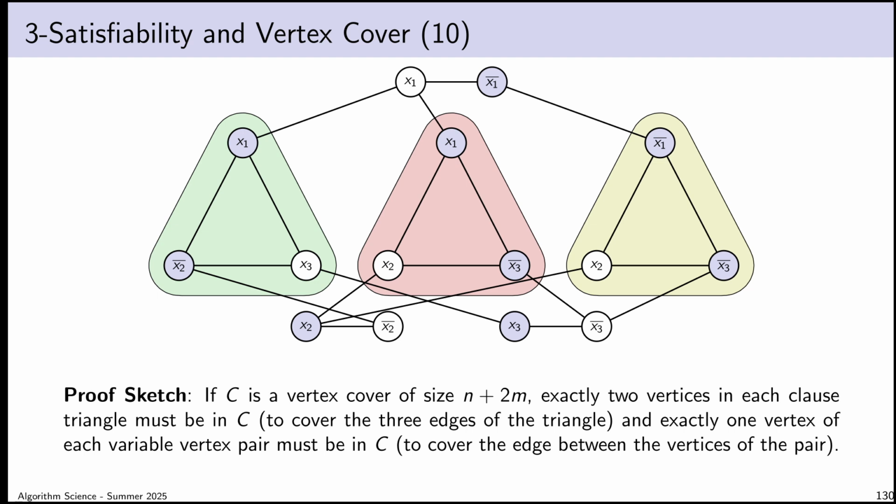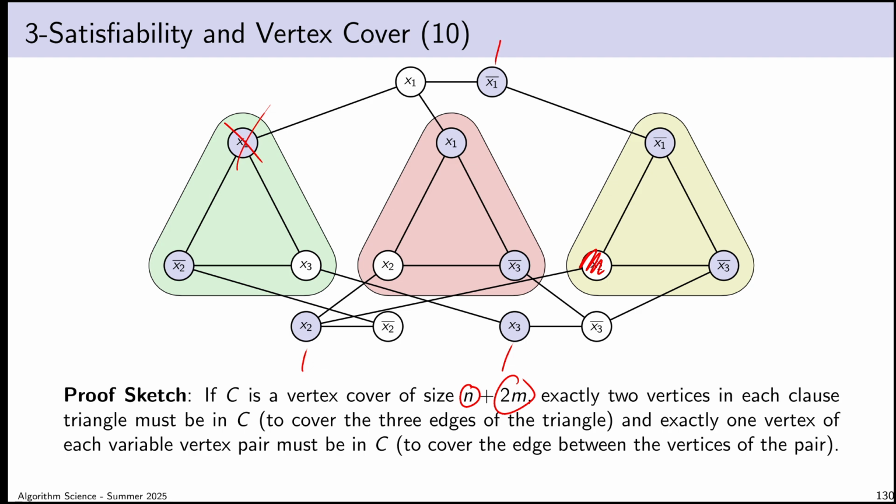If I have a vertex cover of size n plus 2m, obviously this n must correspond to choosing 1 vertex from each variable vertex pair. That means exactly 2 vertices in each clause triangle must be in the cover. There can't be 3 because if one clause has 3 vertices, some other clause must only have 1.